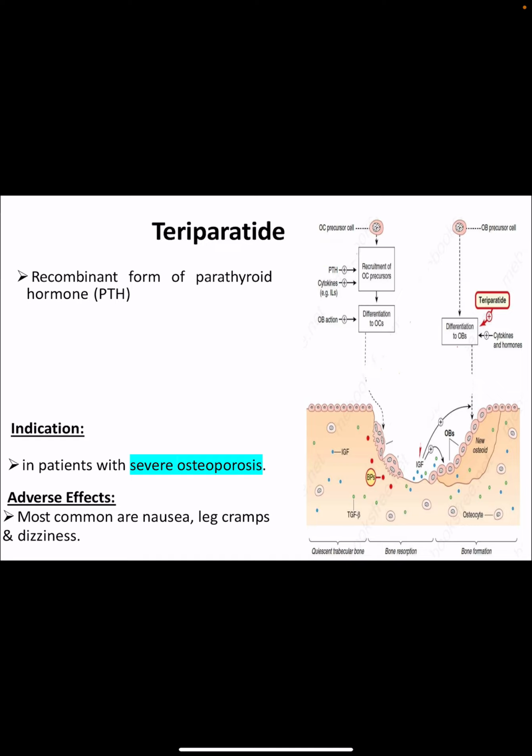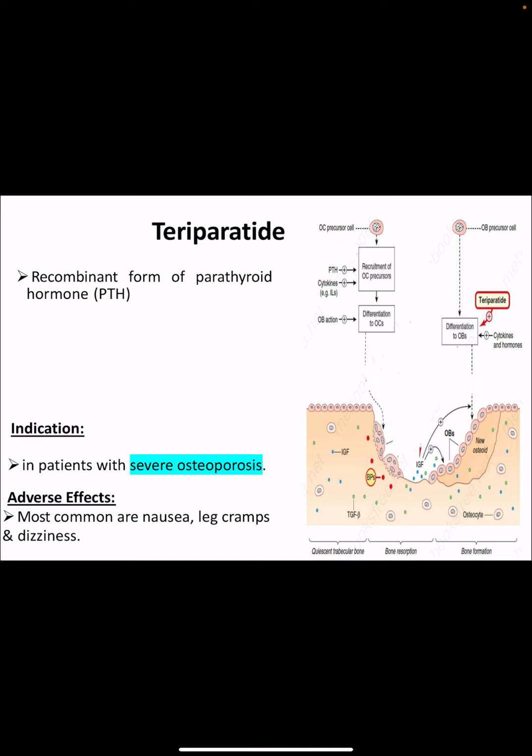The teriparatide, it's called an anabolic drug. Why? Because we played with the dose. We gave a lower dose and we gave it intermittently. We gave the dose, done. Then another day we give the subcutaneous injection. That's how the activity is on maturing more osteoblast, increasing the osteoblastic activity.